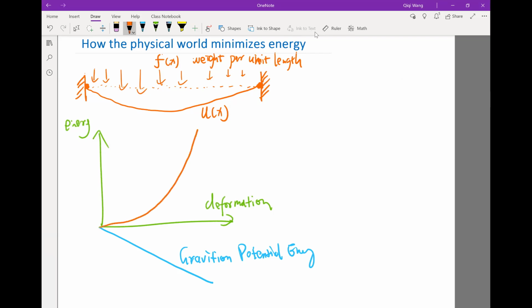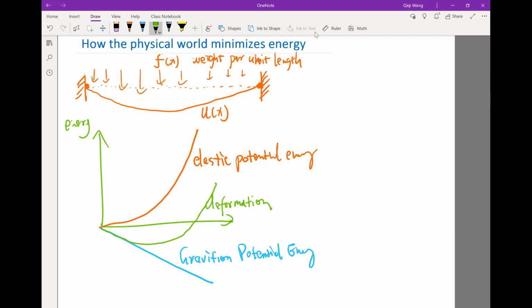That's more like that, right? In the beginning, usually Hooke's law goes like squared, so I'm drawing something like a square. So this is the elastic potential energy. And when you sum them up, you get a curve that looks like that.